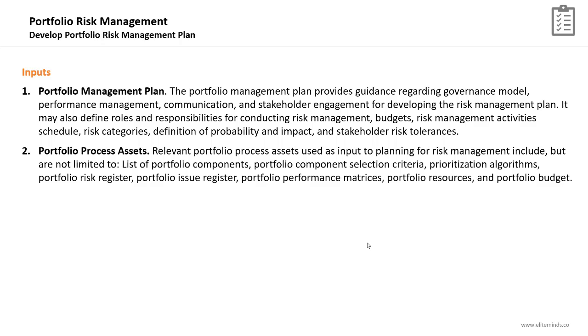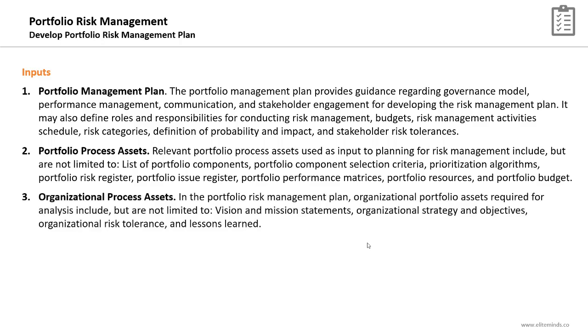Relevant portfolio process assets used as input while you are planning for the portfolio risk management includes the list of portfolio components, the portfolio component selection criteria, prioritization algorithms, how you prioritize your portfolio components, the portfolio risk register, portfolio issue register, portfolio performance matrices, portfolio resources, and portfolio budget. All these are examples of the portfolio process assets you will use in this process.